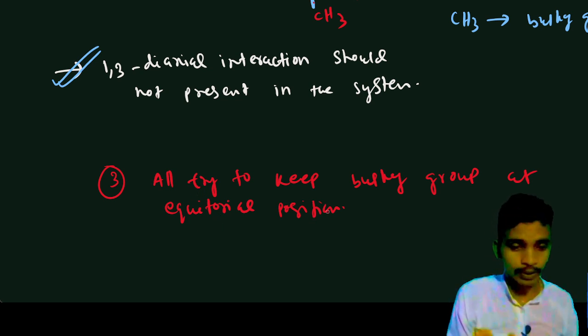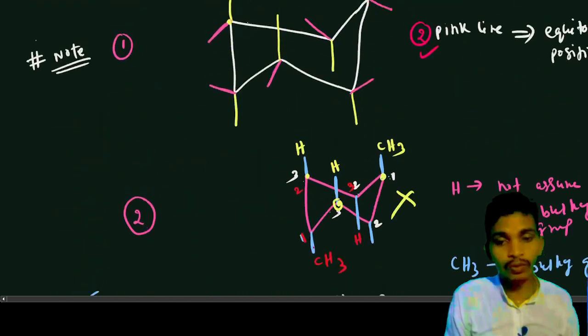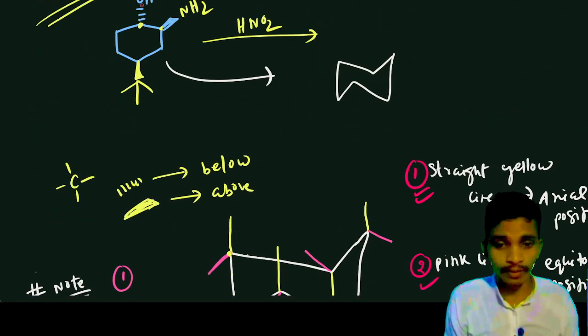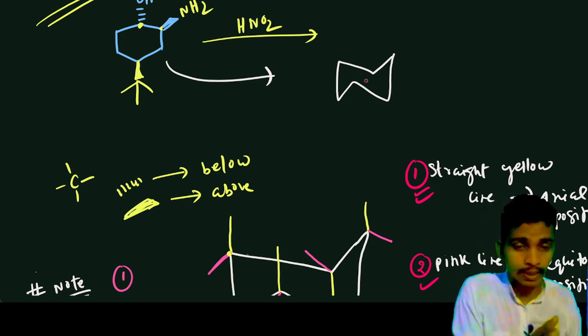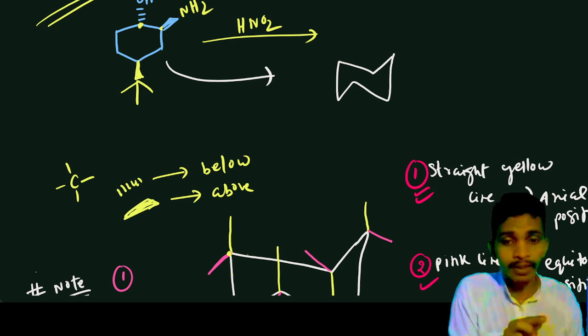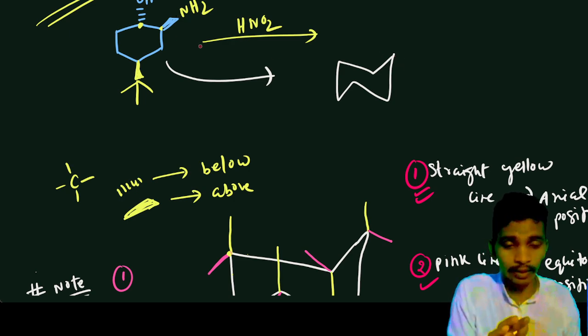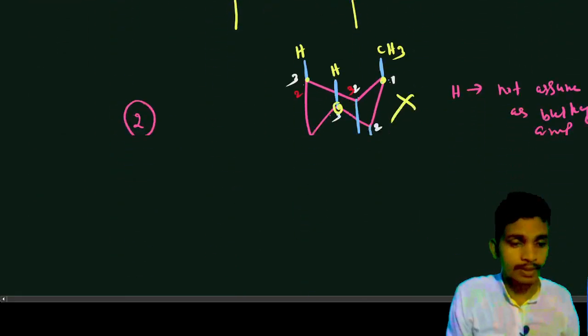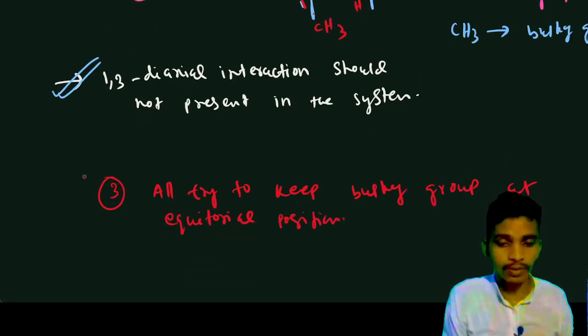That is one point. And we should also mention correctly: if it is above, and here it is down, then whenever you are converting into the chair form, keep in mind that the OH should be on the downside only. So these things also should be kept in mind.